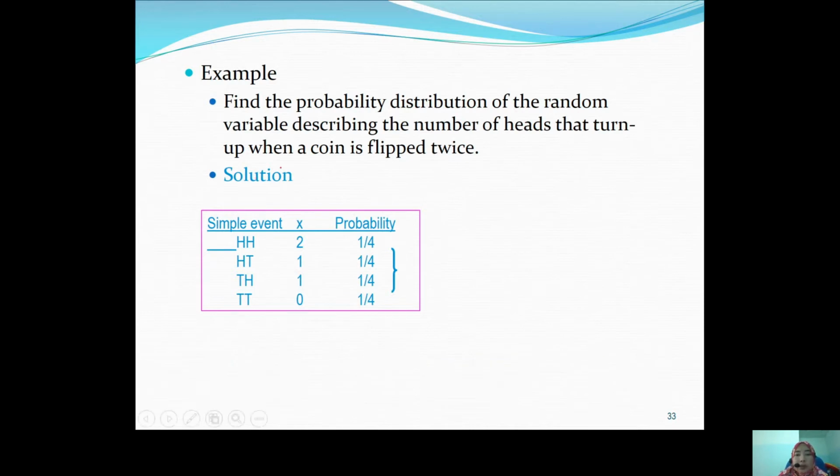The simple experiment is when we toss a coin twice. When we toss a coin two times, we have the X outcomes. The X in this situation is defined as the number of heads.